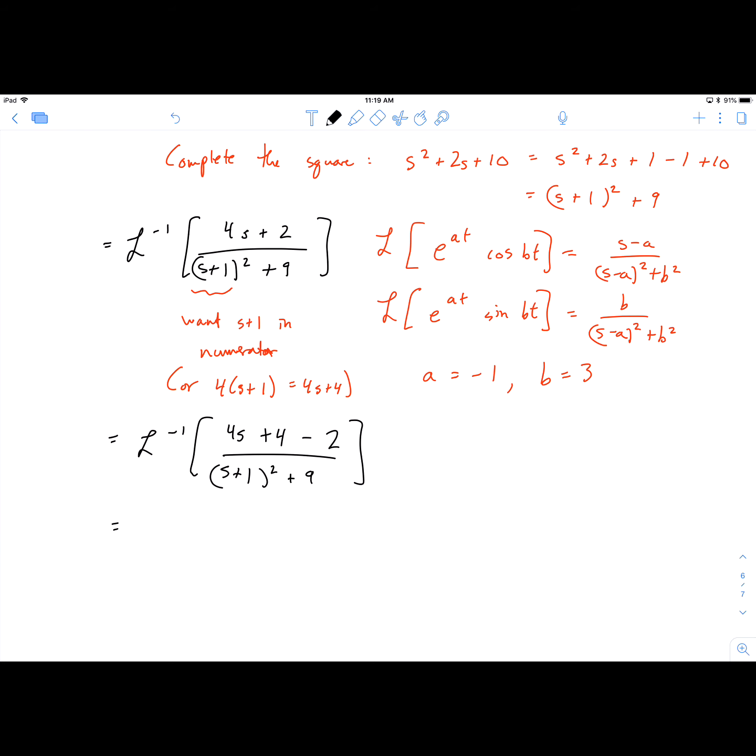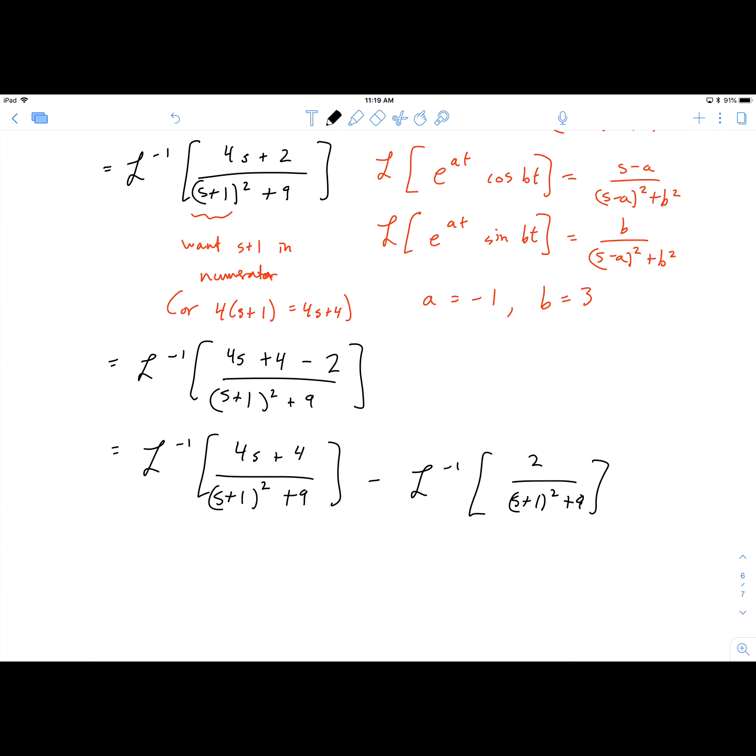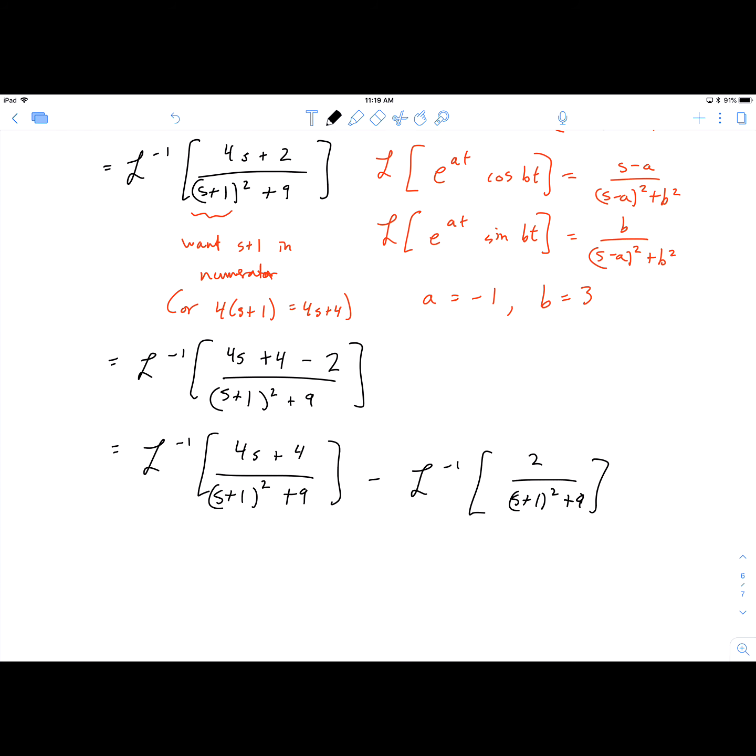So splitting this up, we have 4s plus 4 over all of this, minus 2 over all of this. All right, so we're almost done. All we have to do is adjust a little bit more.